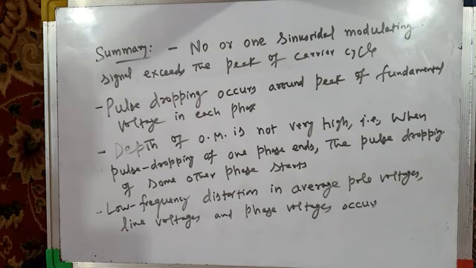We have seen that because of over-modulation, your instantaneous average pole voltages get distorted. That causes distortion in instantaneous average line voltages and instantaneous average phase voltages. And hence low frequency distortion is introduced in the inverter output voltage.